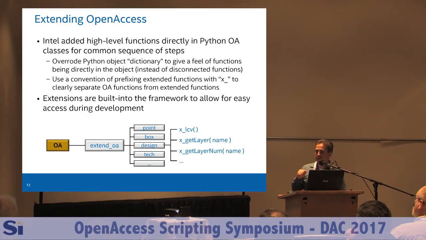We added a little X in front of it, because we didn't want people to become dependent on it and not know if they were using the actual OA API or this extension. To keep that separate so that people knew when they were using an OA function versus this extension, we added the prefix.